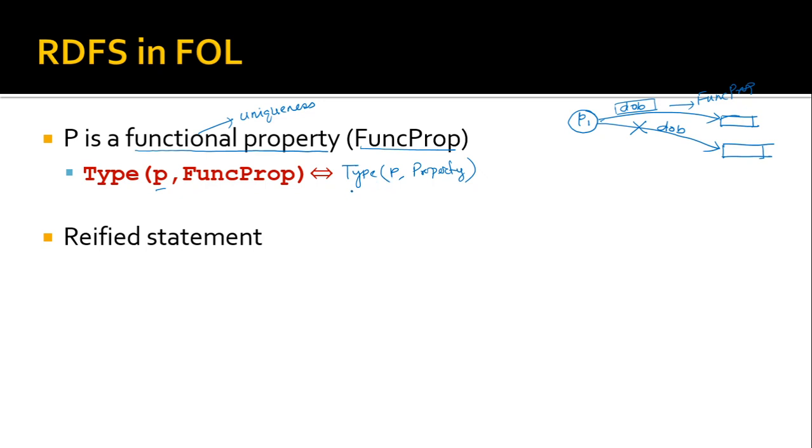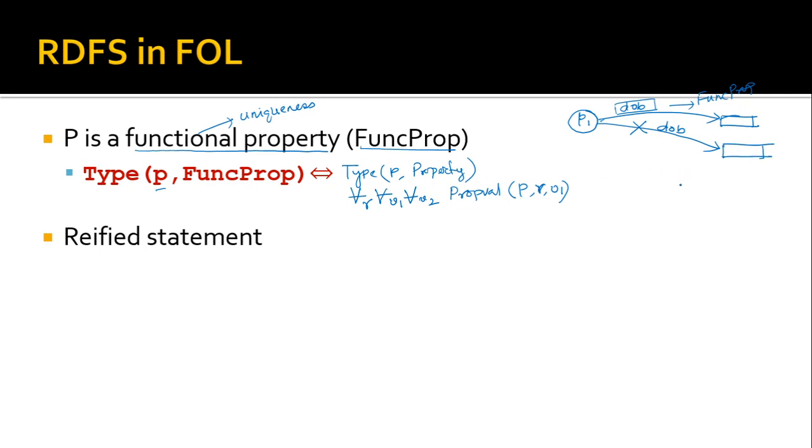Let us assume that you have a resource R and a value V1 and a value V2. For that, you have the prop val, so P R V1. So this tells you that a particular resource R has got value V1 for property P.